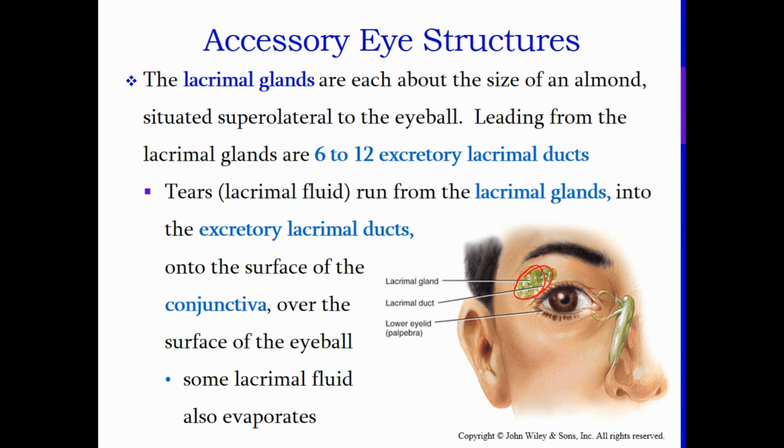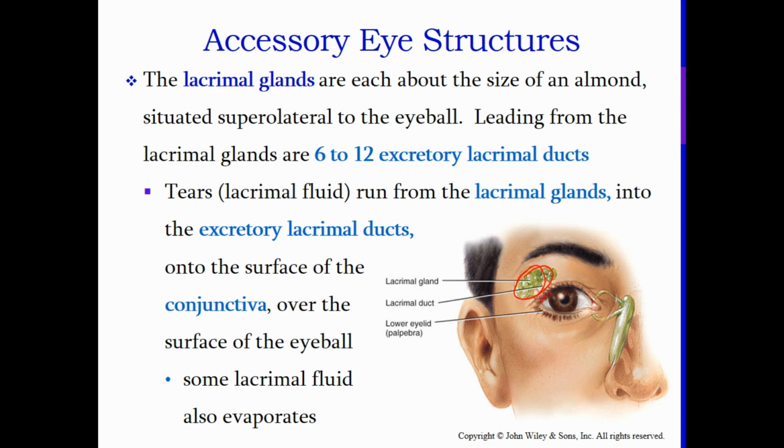Leading from the lacrimal glands are 6 to 12 excretory lacrimal ducts that will drain tears onto the surface of your eye. And they will spread out and nourish and keep your eye moisturized. And when we blink, we spread those moistures over top of the eyeball.